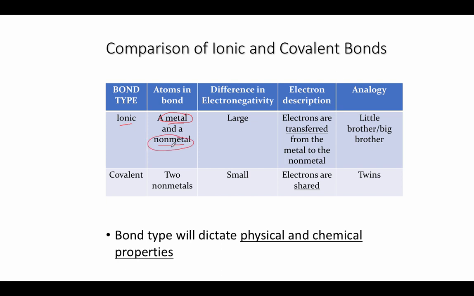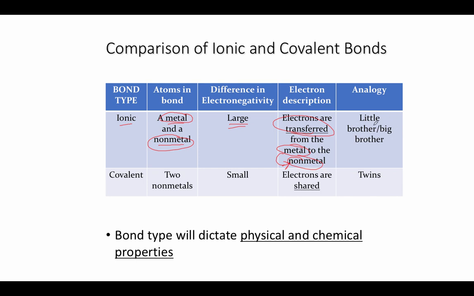Nonmetals have high electronegativity, meaning they have an ability to attract a pair of electrons to themselves. The electronegativity difference is large between those two, which means that the electrons are transferred from the low electronegativity metal to the high electronegativity nonmetal.